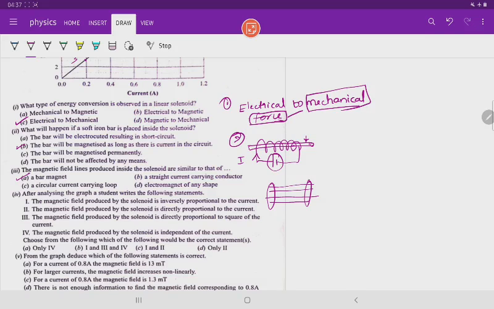After analyzing the graph, a student writes the following statements. The magnetic field produced by the solenoid is inversely proportional to current. No, it is wrong because it is directly proportional.